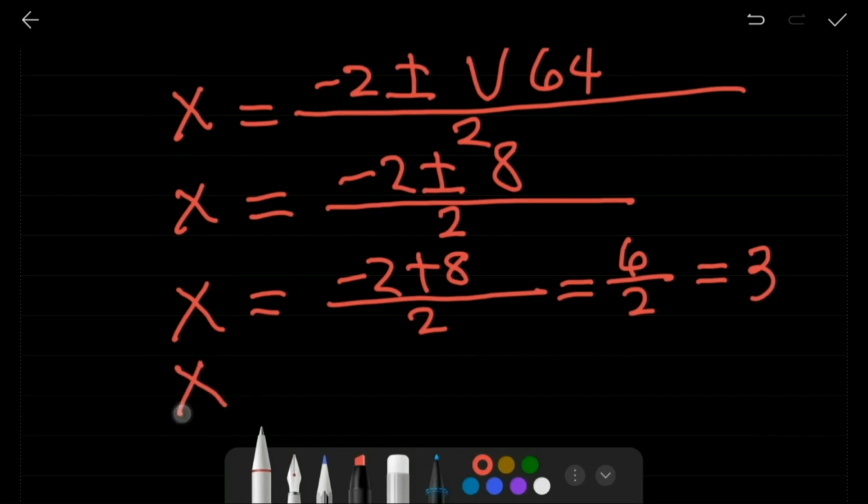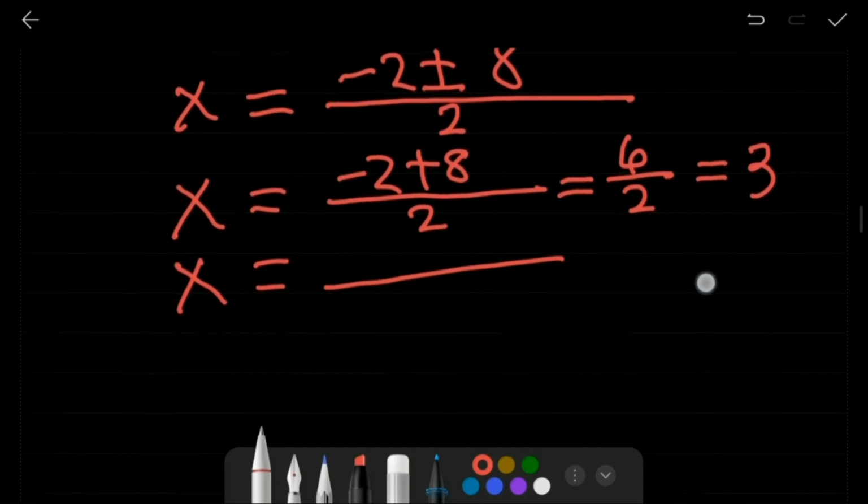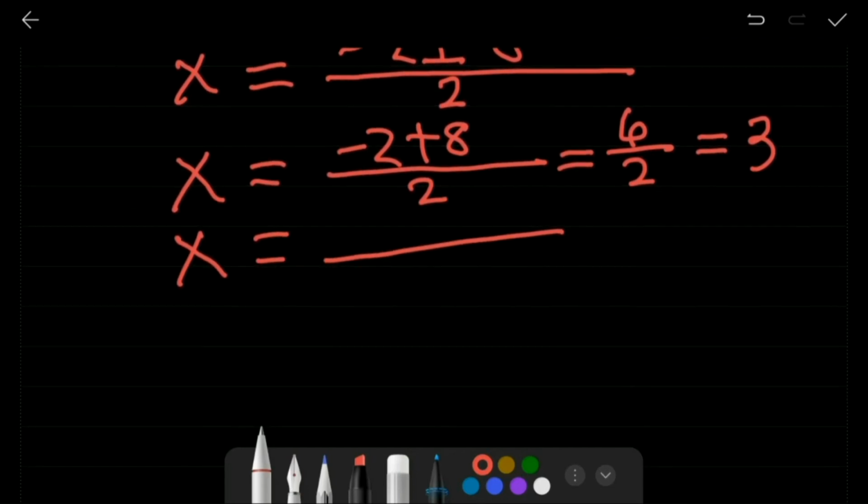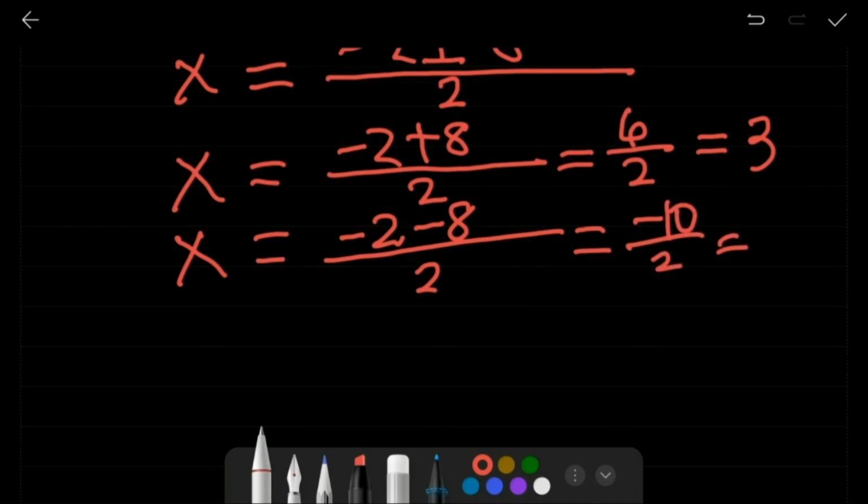Then using the negative sign, we have negative 2 minus 8 over 2, which is equal to negative 2 and negative 8 is negative 10 over 2, and negative 10 divided by 2 is negative 5.